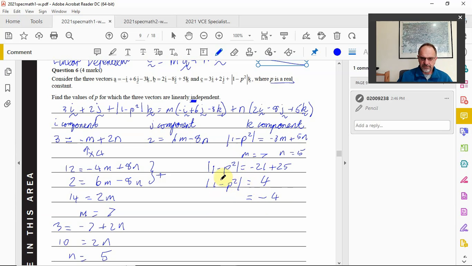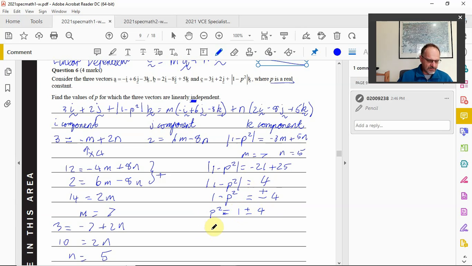Similarly, if 1 minus p squared was equal to positive 4, we wouldn't have to drop anything, but that's okay, because that's what we're allowed. So 1 minus p squared could be either plus 4 or minus 4. So p squared then can be equal to 1 plus or minus 4. I've done a couple of steps in one there.